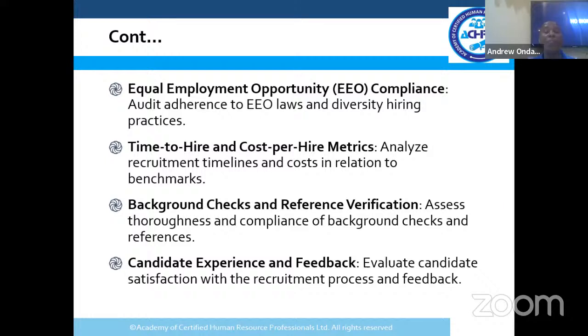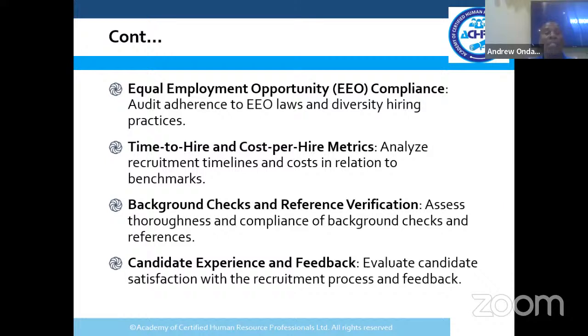Or if there is an imbalance in the people who are promoted, probably only one gender is being promoted, then that is not an equal opportunity employer. So as you audit, find out from the ground through the methods that we mentioned yesterday, either through interviews, through questionnaires, through observations or documents, to find out whether there is equal opportunity employment.